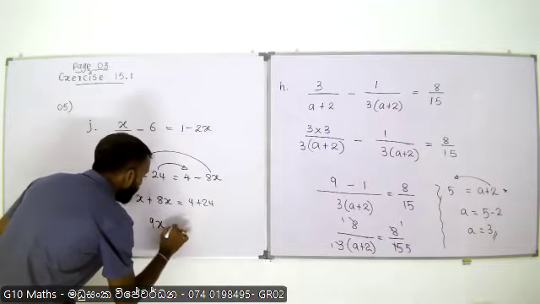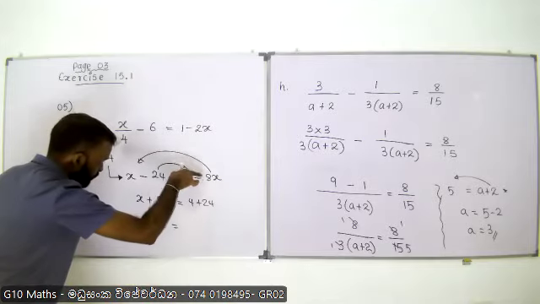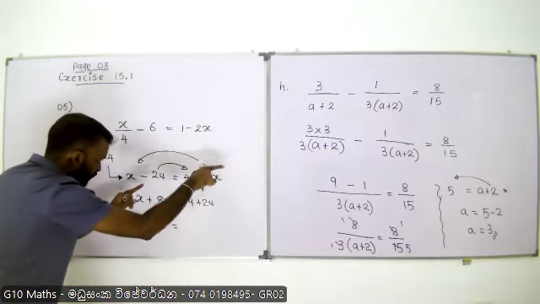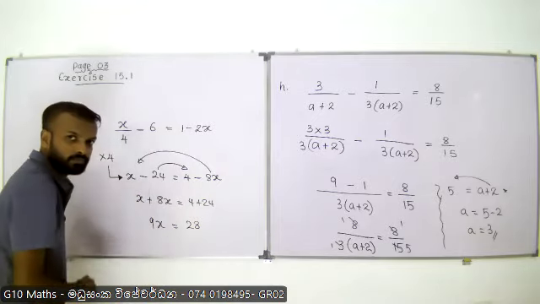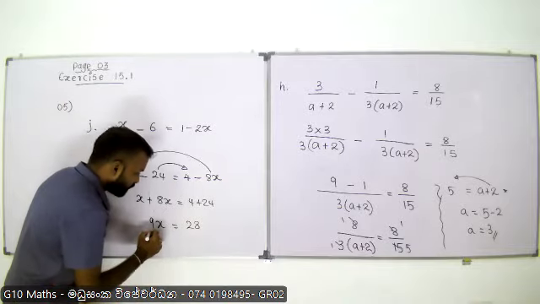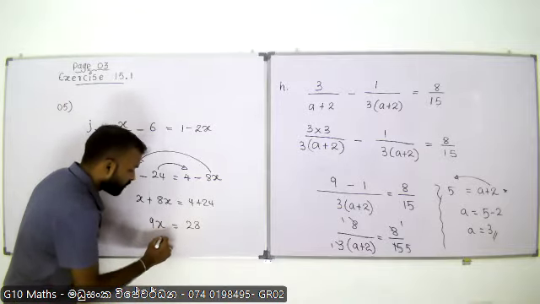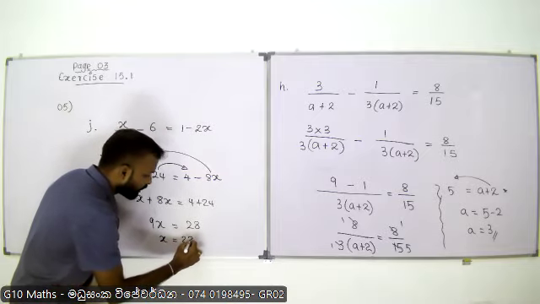So I have to take this negative 24 to this side. Negative 24 goes that side as plus 24, plus 24 plus this 4 is 28. Right? Super. So you can eliminate this step. Easy. So divide both sides by 9, or you can directly write 28 divided by 9.